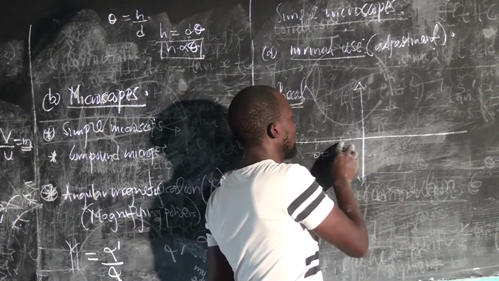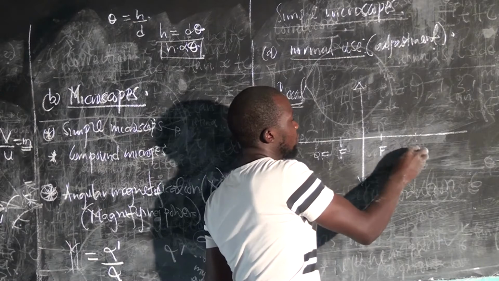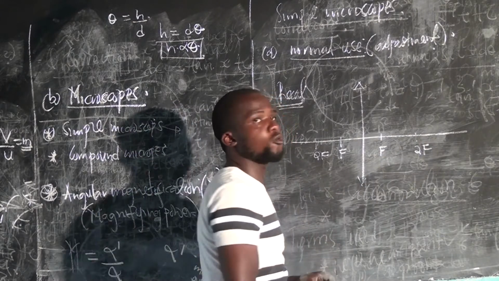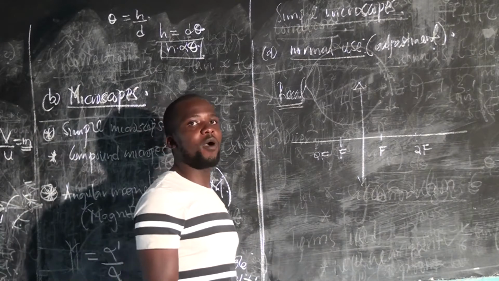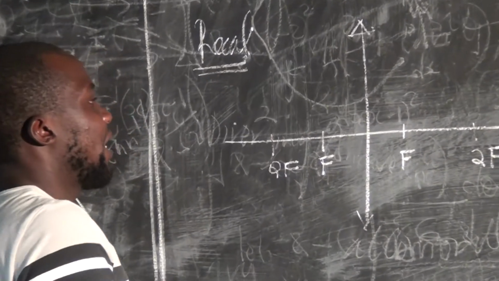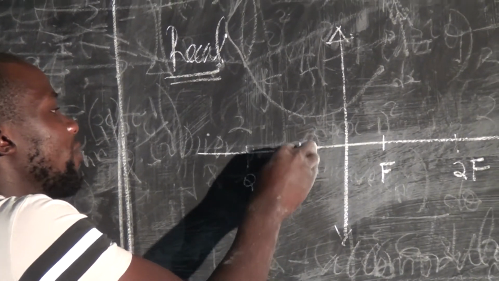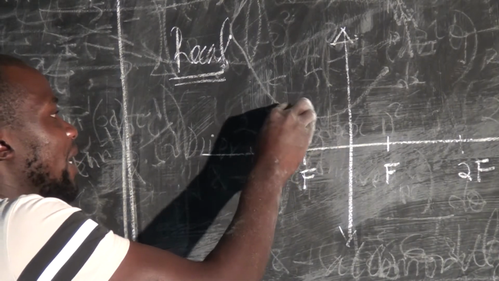The distance from here is the same distance up to there, and then you have a 2F there. There are only 2 points of interest. Whenever you want your image to be formed at a near point, or if you want it to be formed at infinity, you put your object at F.